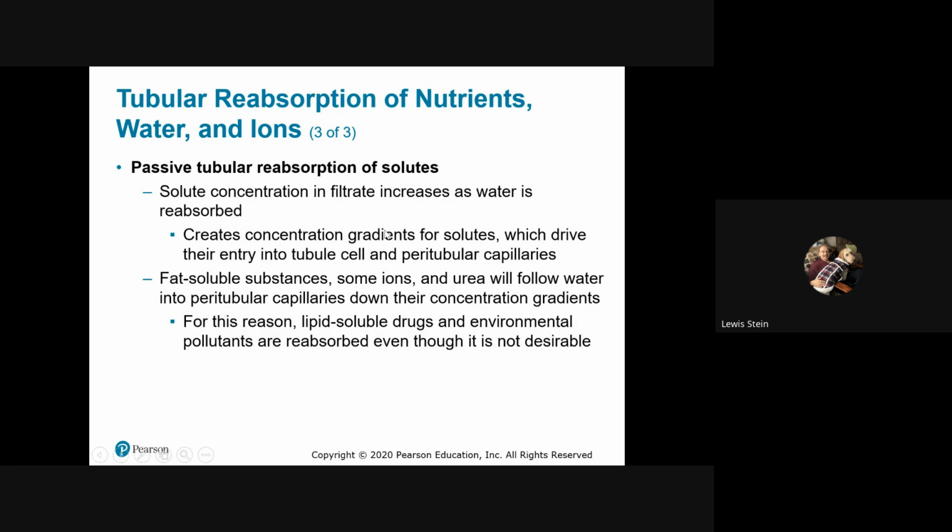So this creates concentration gradients for solids, which can drive their entry into a variety of things. As water is reabsorbed, it's moving the concentration of others. Some things can move. There are some fats and some ions and some urea can also move. So the big problem is this.